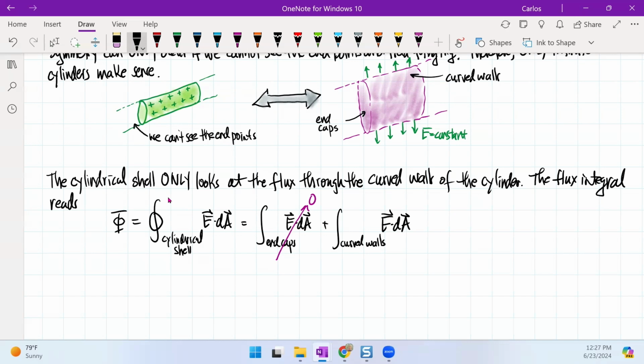So if I put this all together, then the flux of a cylindrical shell is going to be E of r cosine of theta, times the area of the curved walls.